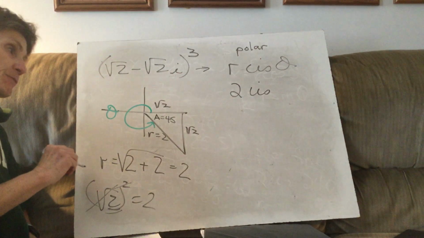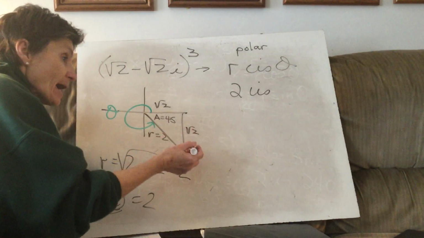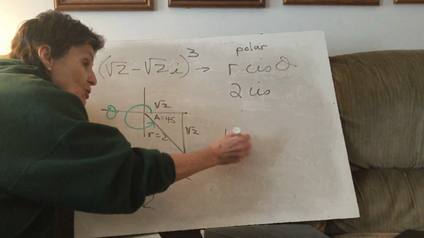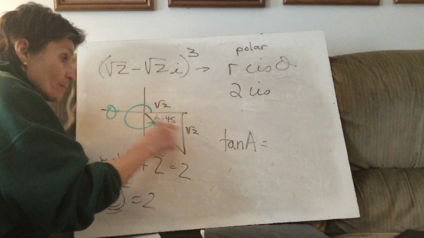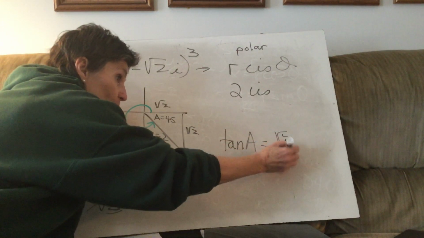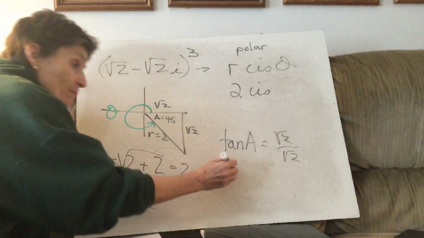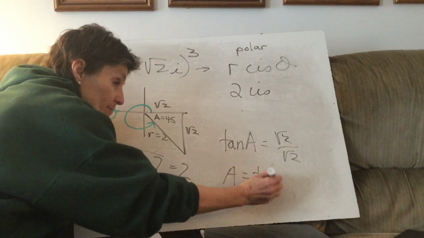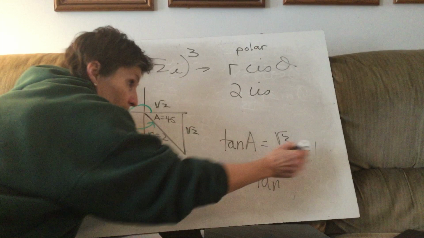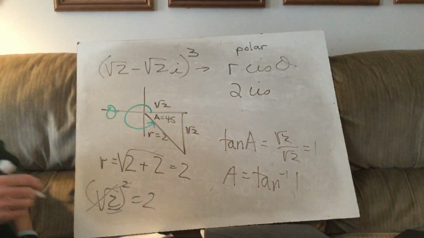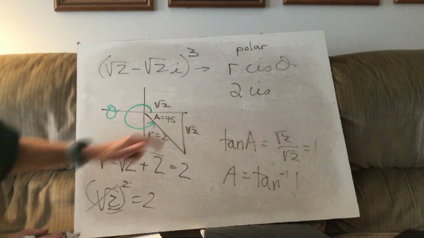But if you didn't remember that, you know that the tangent of that angle is opposite over adjacent. So if you take the inverse tangent, that's just 1. If you take the inverse tangent of 1, you're going to get 45.